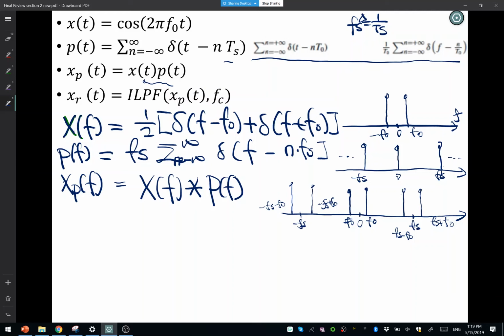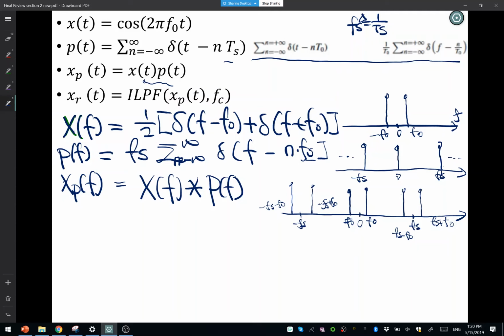So you see this pattern of xf is copied at each location of pf. So we see this is a periodic signal in the frequency domain, and the period is fs. So we want to get the original signal from this signal by a low-pass filter.